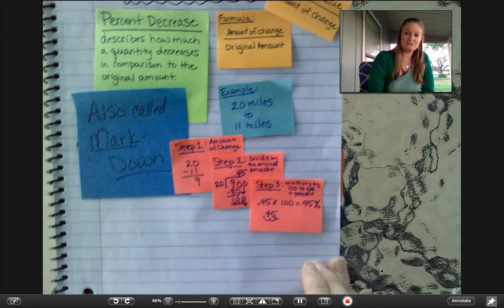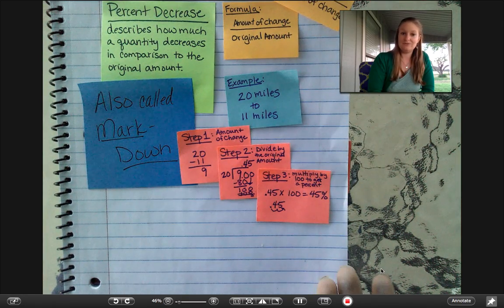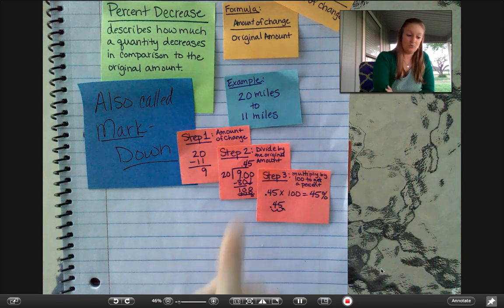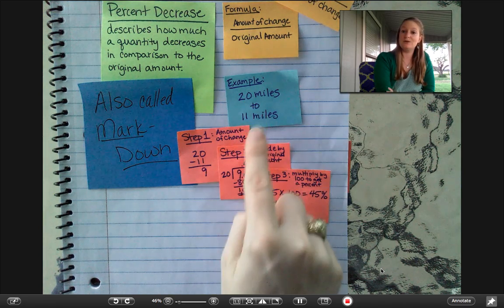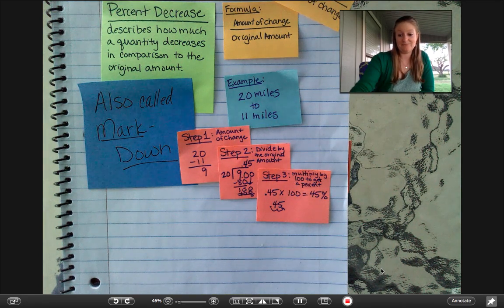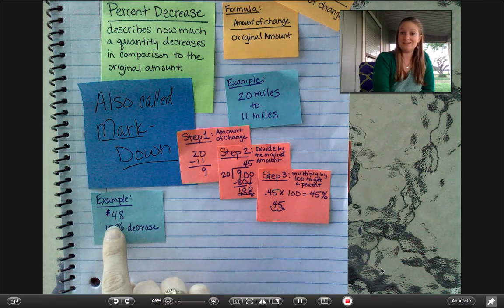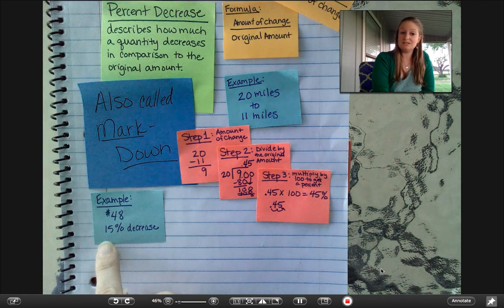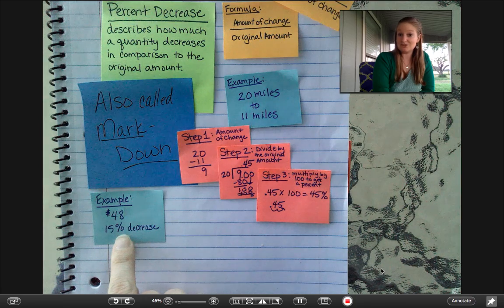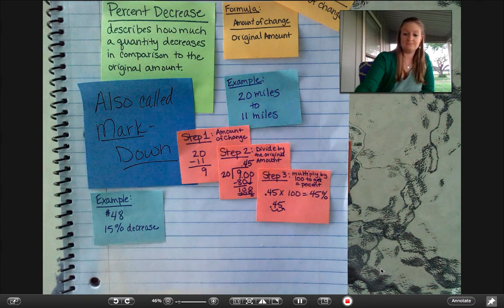Now, just like in percent increase, what if you had the original amount and they tell you what percentage it's decreasing by? Let's practice. So you have your example of $48 being decreased by 15%.